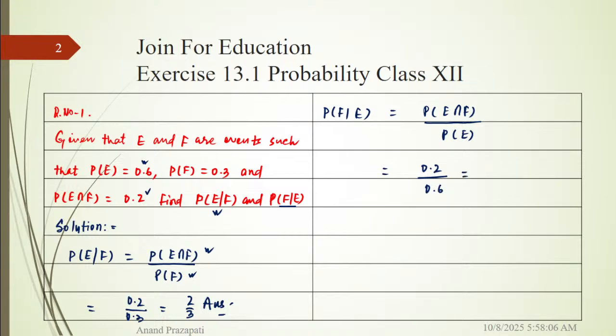So we cancel out the decimal, then we get 2 by 6. After cancelling out the common factor, we get 1 by 3.